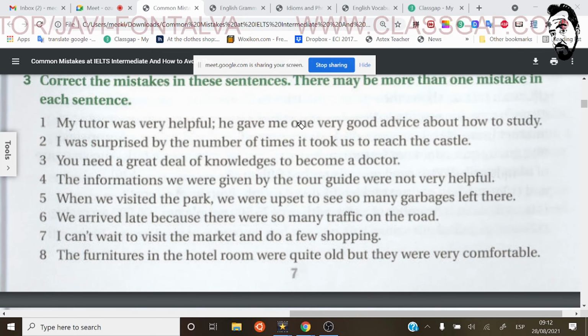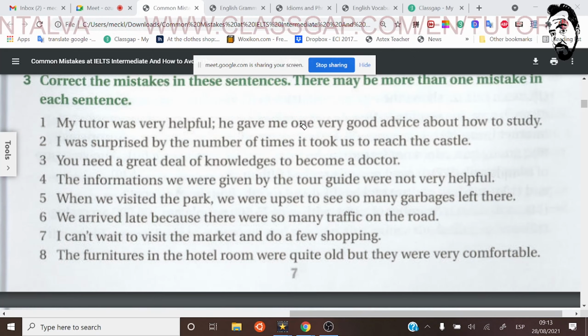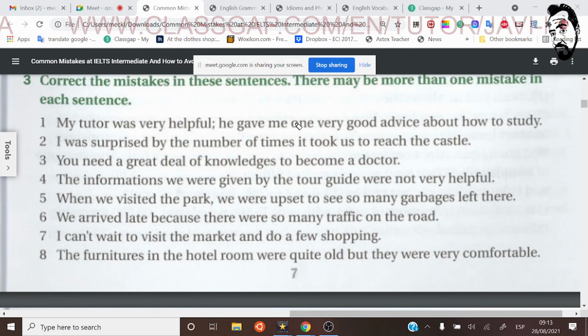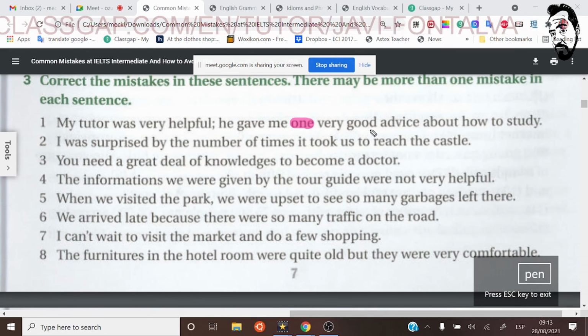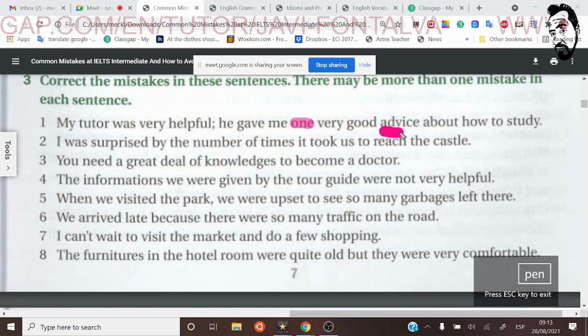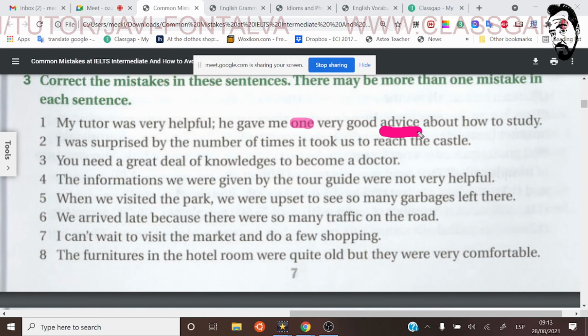So as I was saying, you cannot use a number with advice. So what do I have to say?